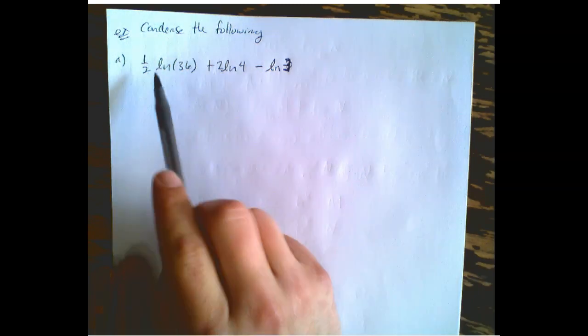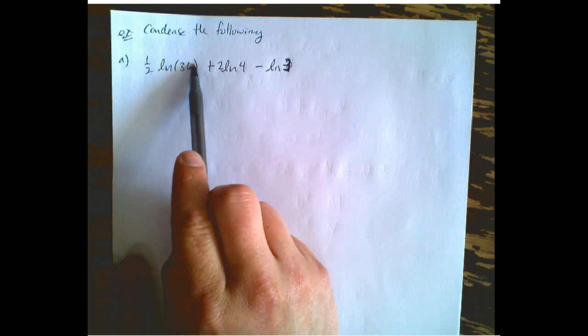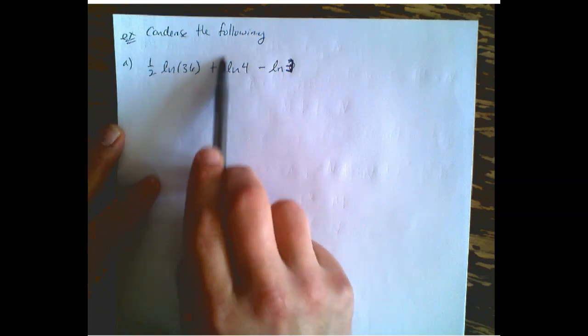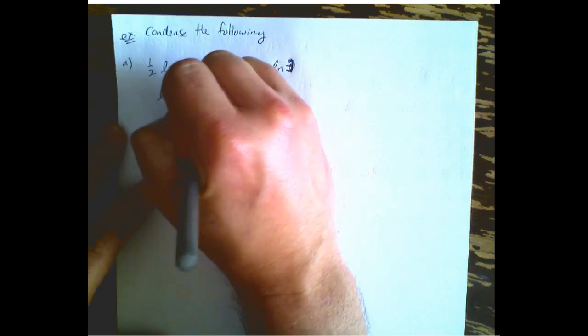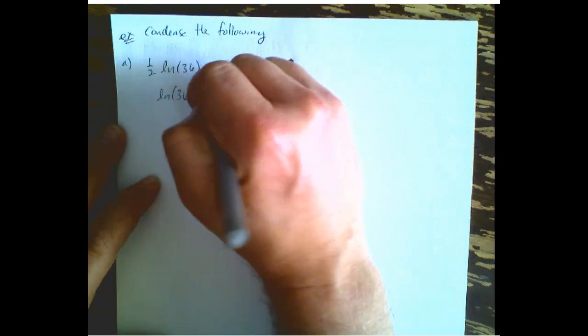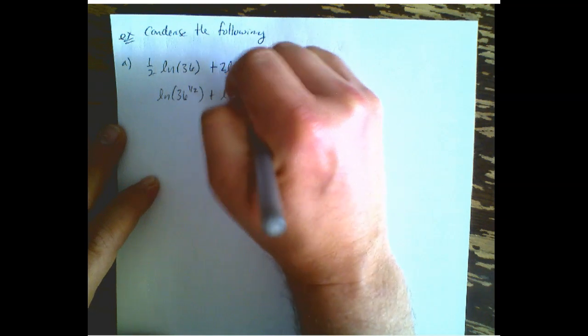All right, so when we condense, we kind of want to go back through that list and take care of any multiples we see because we know we can make them powers. Then we'll take care of any multiplications and divisions separately. Okay, so let's look here. We can rewrite this by replacing the powers back inside of the natural logs here. So natural log of 36 to the 1/2 plus natural log of 4 squared.